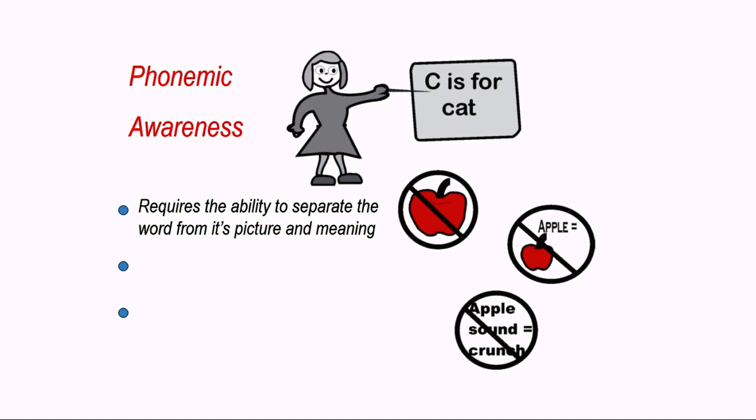It requires you to separate the meaning away from the picture. So if I say A is for apple, I don't really mean it's an apple, I mean it's the word apple. So you have to take the meaning of apple away from the word, and then you have to ignore any sound, like a crunching sound that an apple might make, because the sound is associated with the word or the first sound in the word. And that's what phonemic awareness is.